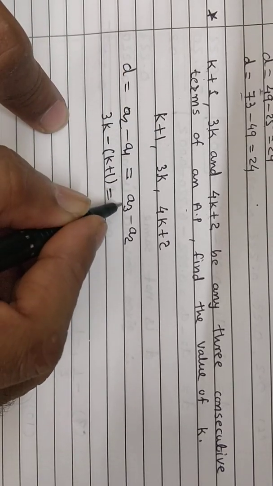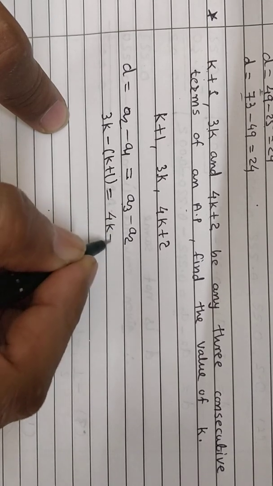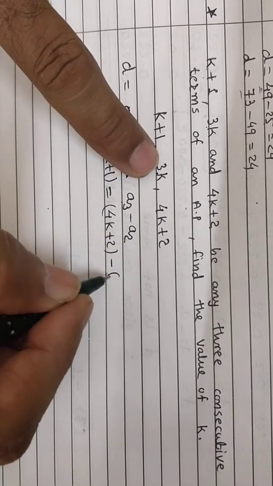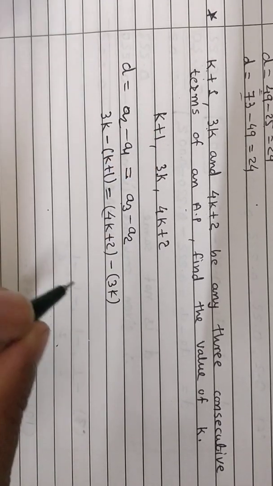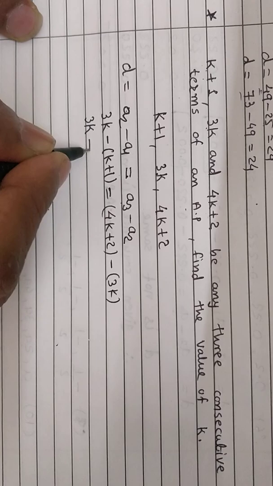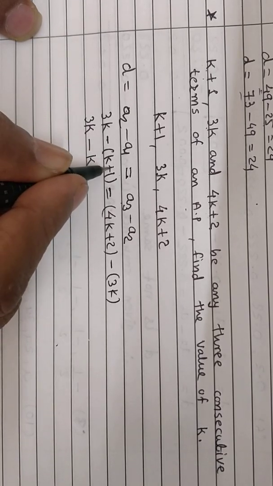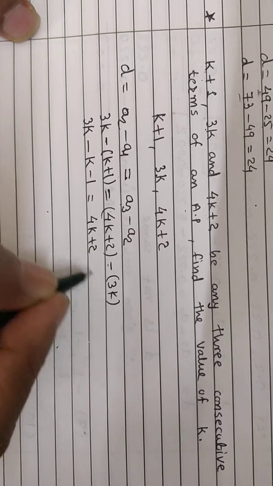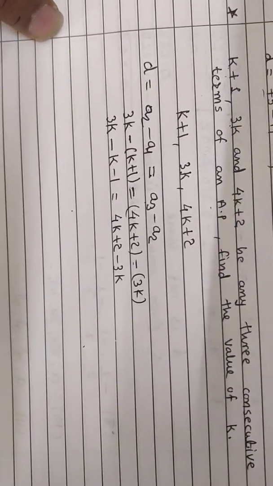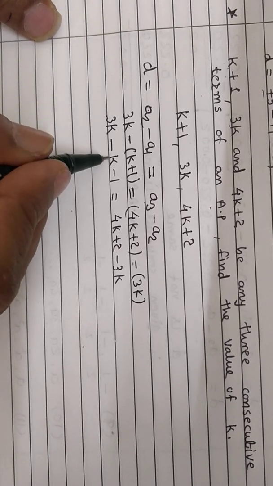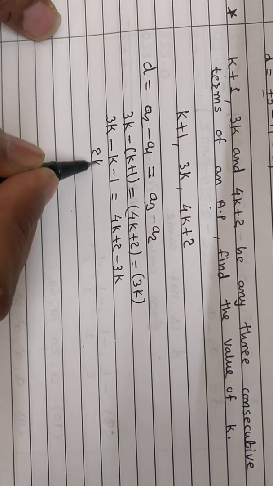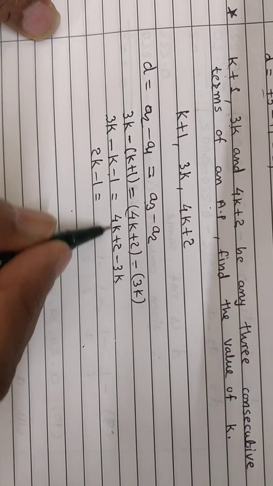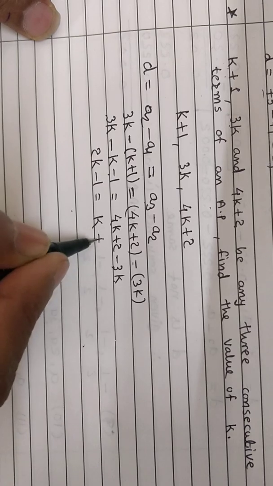Equal to A3 is 4K plus 2 minus A2 is 3K. So 3K minus K minus plus minus 1. 4K plus 2 minus 3K. 3K minus K, it is 2K minus 1. 4K minus 3K, so 4 minus 3, it is 1K plus 2.